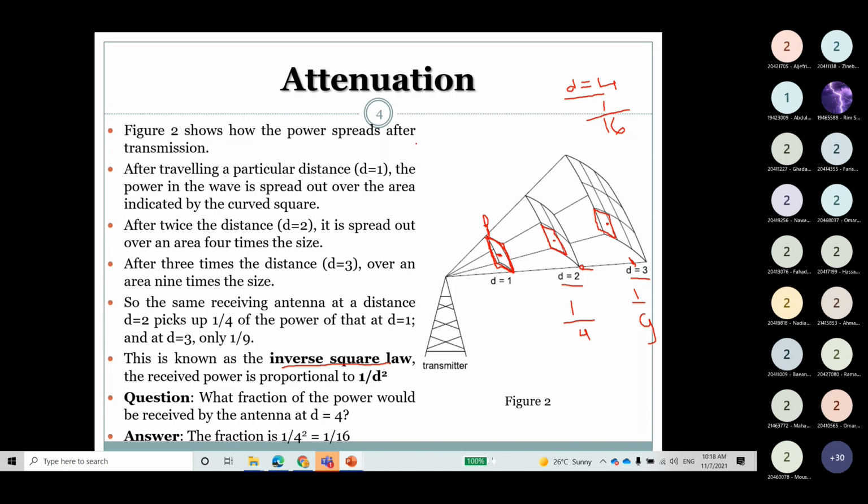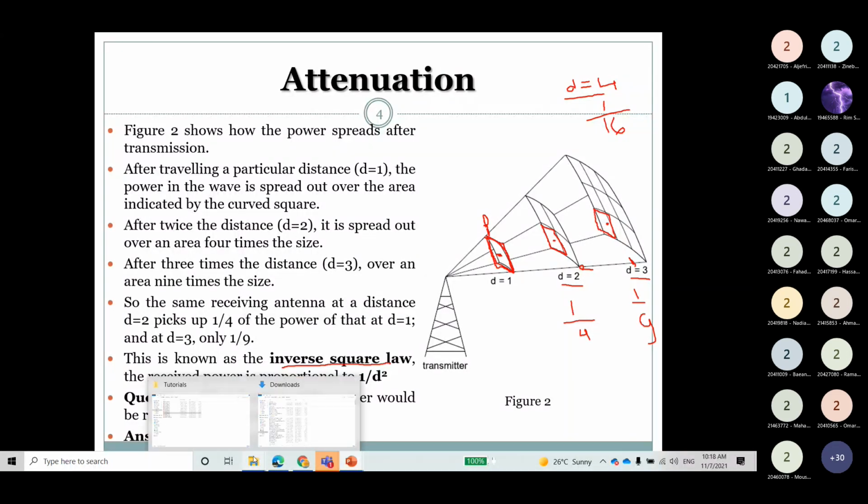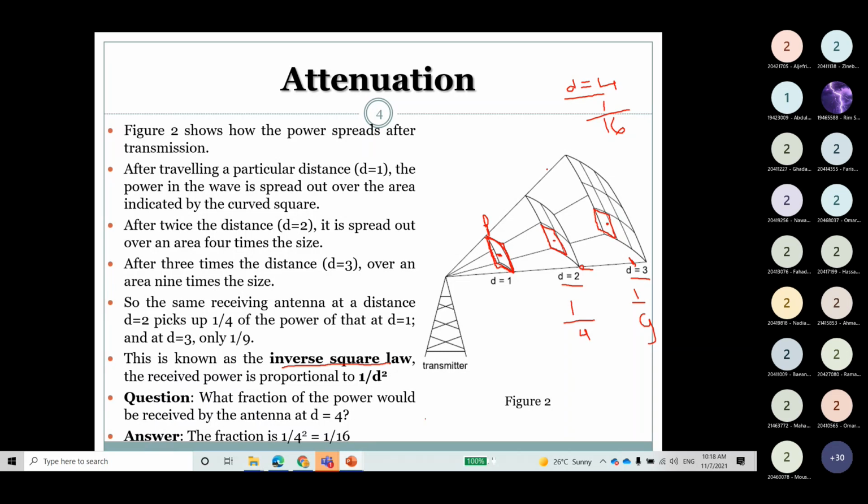So the question here: what fraction of the power would be received by the antenna at d equal to 4? The fraction is 1 divided by the square of 4, which is 1 divided by 16. Tell me, when d is equal to 5 now, what is the fraction?